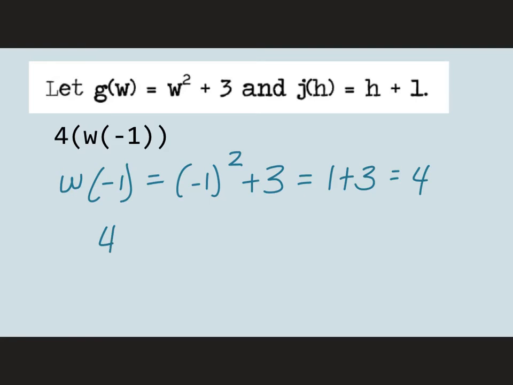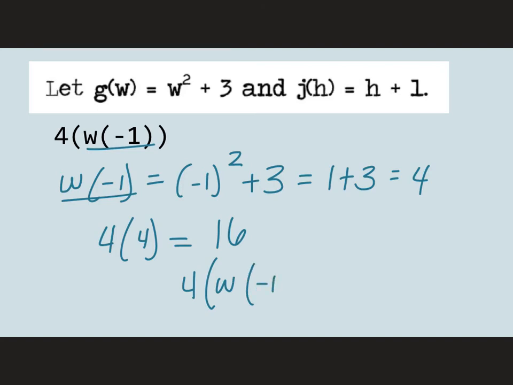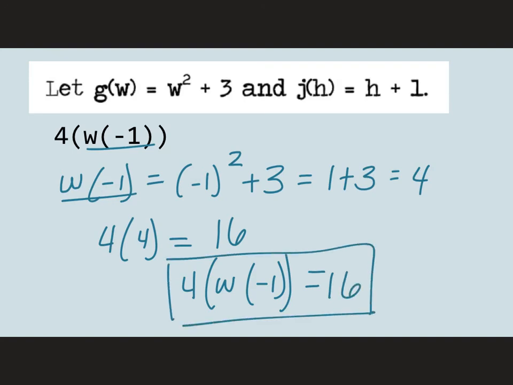So now we're going to do 4 times 4, because g of negative 1, which is that inside piece, is 4. So 4 times 4 is 16. So 4 times w of negative 1 gives us a value of 16. So once again, we're taking two equations, doing a little plugging and chugging, or using the operations that are given to us.